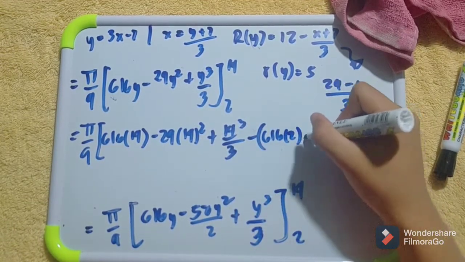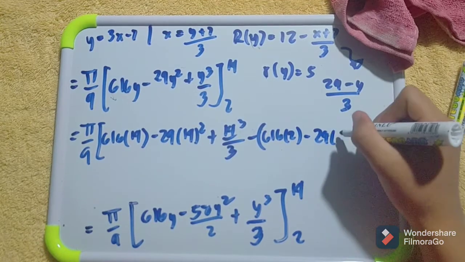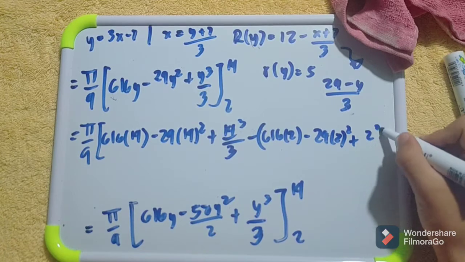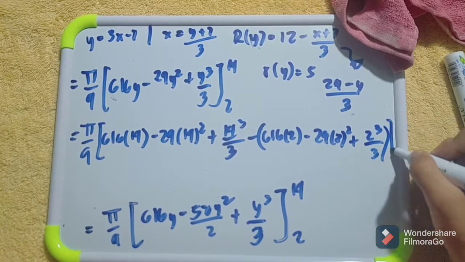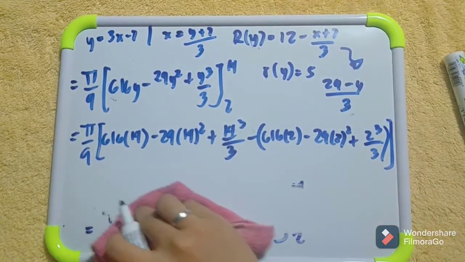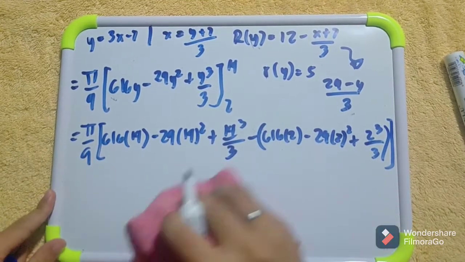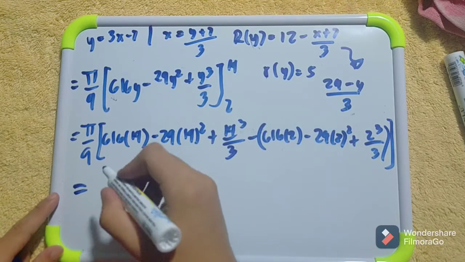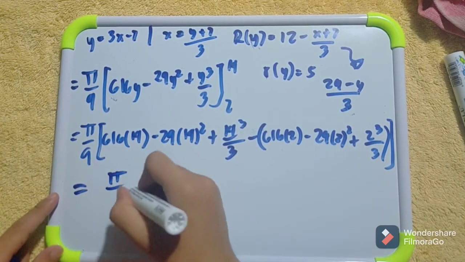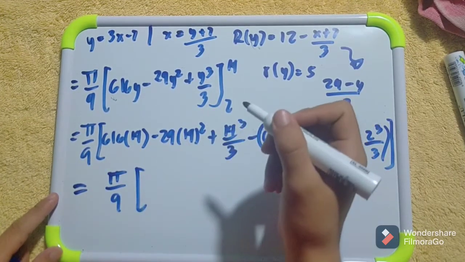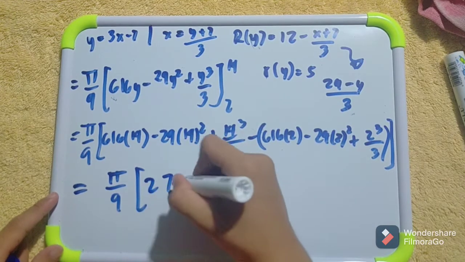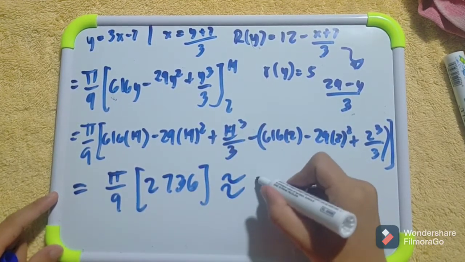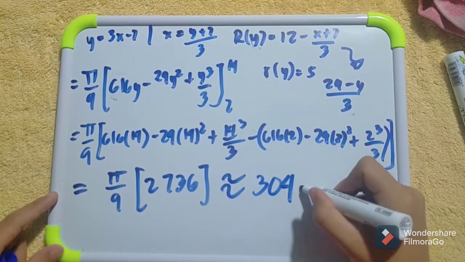616 times 2 minus 29 times 2 squared plus 2 cubed all over 3. So we are done. And then our answer here is pi all over 9 times 2,736, or approximately 304.